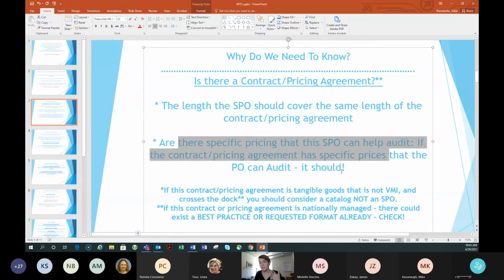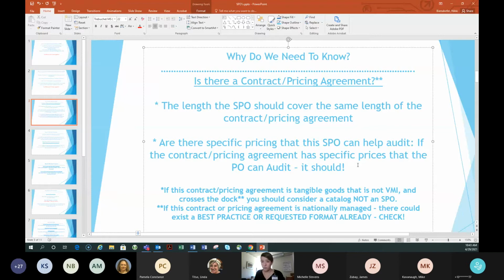The next thing is, if there is a contract and pricing agreement, can the SPO help audit those prices? Can the SPO help keep track of how many services are being completed if the services are the same price? How many times we're calling the supplier if we're always paying the same cost for a trip fee, right? If the SPO can do that, then that is what we should use the SPO for.